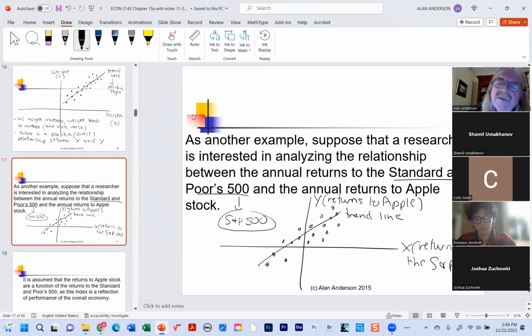We create a scatter plot. And if you notice this time, returns can be negative. So we actually have points in not just the first quadrant, but the others as well. You see that? So yes, again, you can see just from this graph that there is a strong connection there. And also, of course, as the S&P goes up, so does Apple stock and vice versa. The regression analysis will tell us exactly how strong that relationship is.